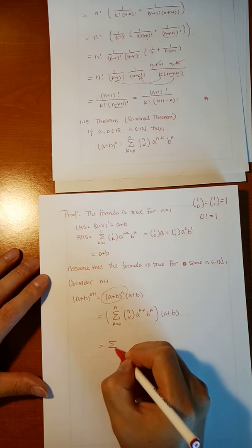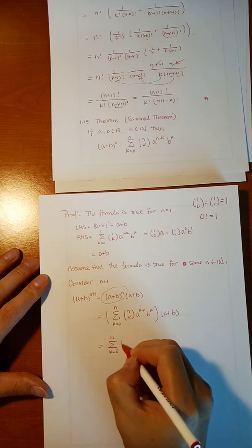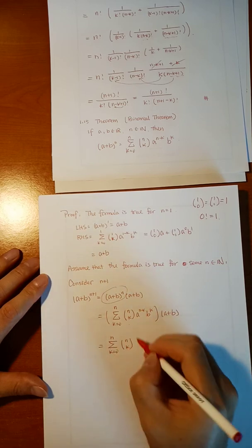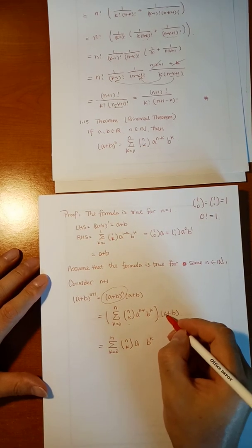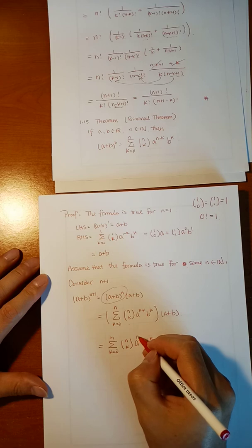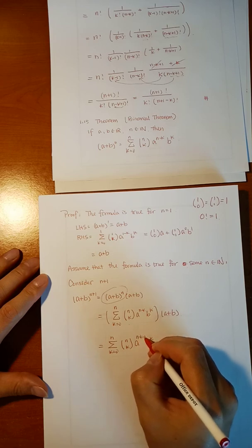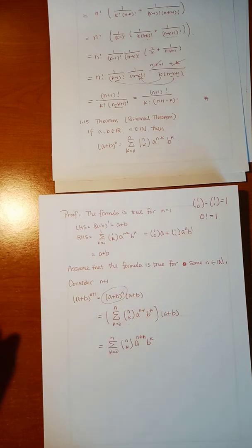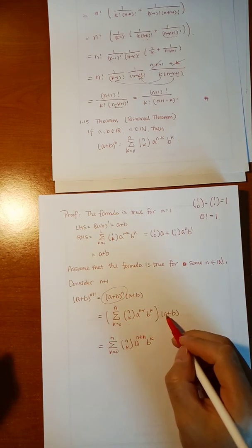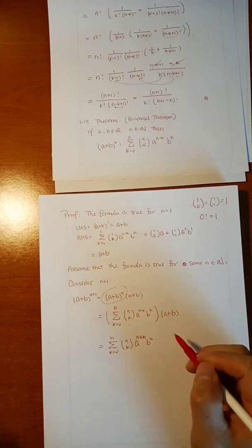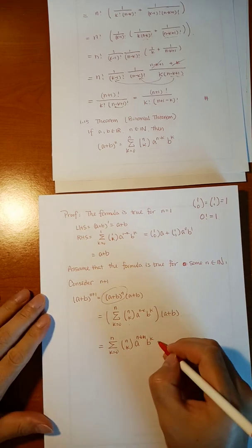So this sum times a: you move this a into the sum, you get n minus k plus 1. I just distribute this a into each of the summands.